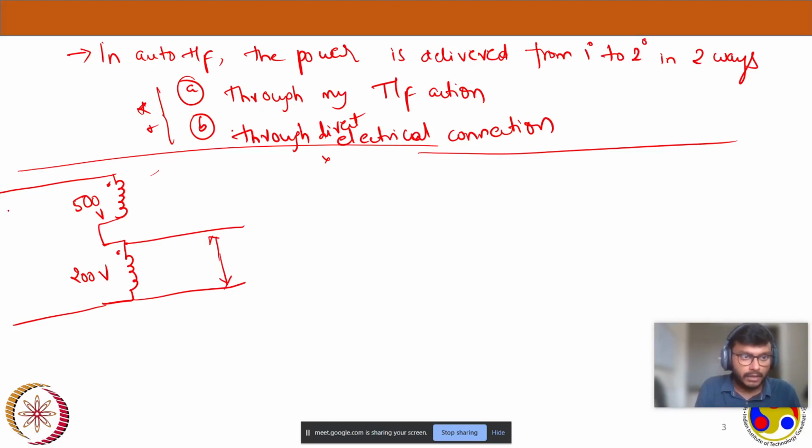Now I'm giving a supply. Why not? I can connect like this because I have 500 volt and 200 volt windings which can give me that voltage. I will connect those two in series and give a 700 volt supply from my lab. That's possible. Now in the output I will get 200 volts. This is plus and this is minus. So I will just draw.